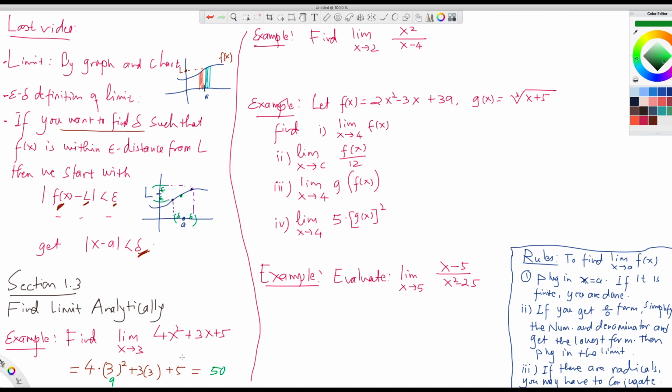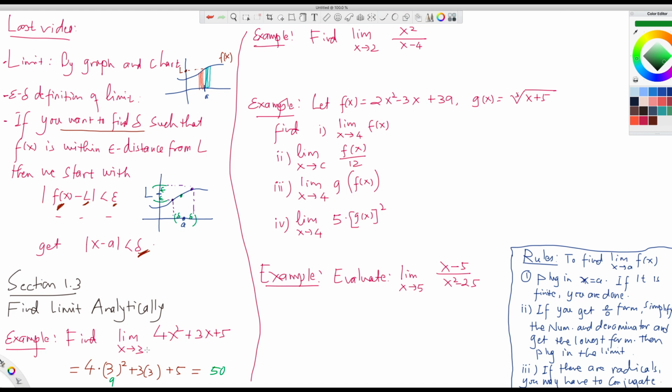You see that? So basically, to find the limit analytically, you just plug that x value into the x in the function. Whatever number you get, if it is a finite number, like 0, minus 5, 10, 20, or 50, then that is the answer. Sometimes when you plug in the number, you get infinity.